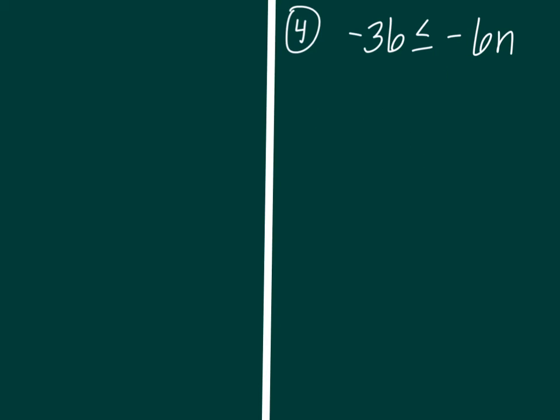Okay, so number 4. This time the variable is on the right side of the inequality. So we have negative 6 times n is greater than or equal to negative 36. Cancel out multiplication by division. Because I divided both sides by a negative number, I have to flip the sign.